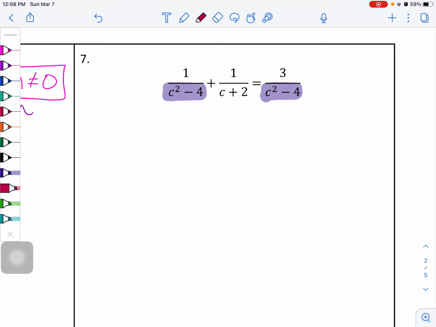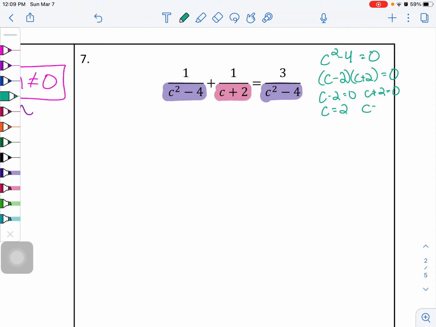So number 7, I want to focus on my domain restrictions first. So I've got c squared minus 4, but that's actually duplicated, so that's kind of nice. And I have a separate factor of c plus 2. So if I take c squared minus 4 equals 0, I'm going to factor c squared minus 4, so c minus 2, c plus 2 equals 0.